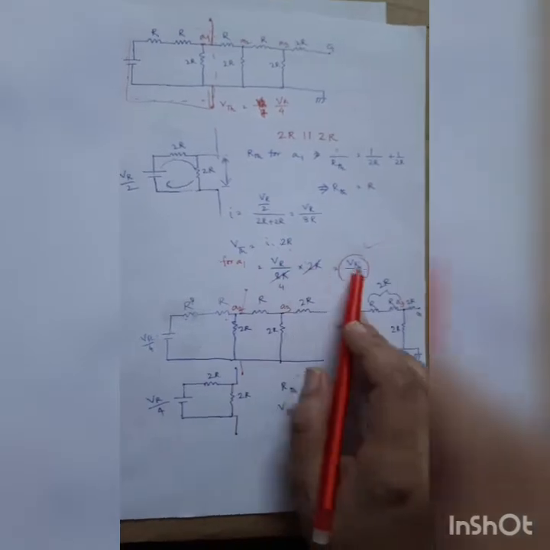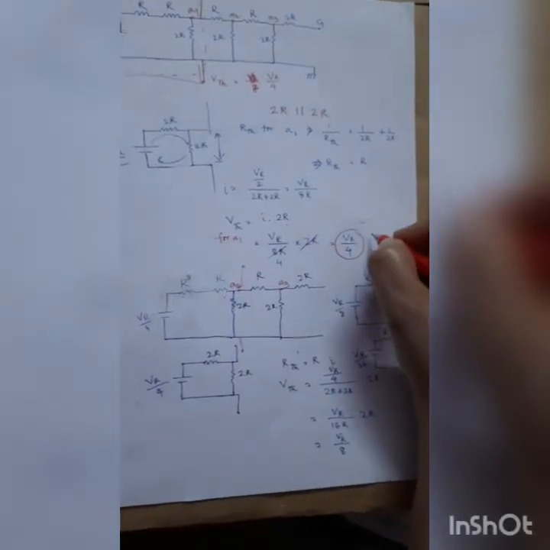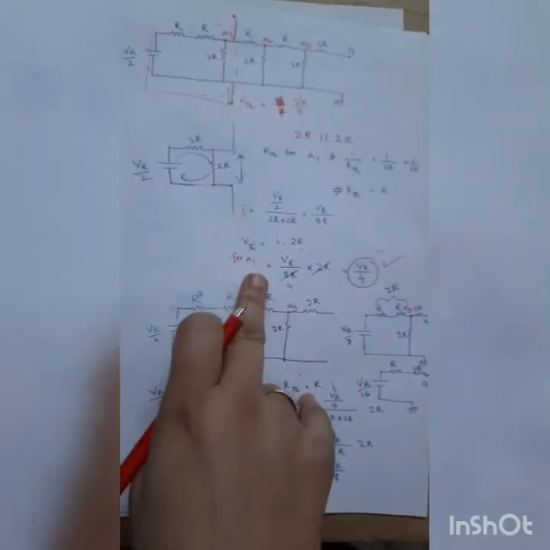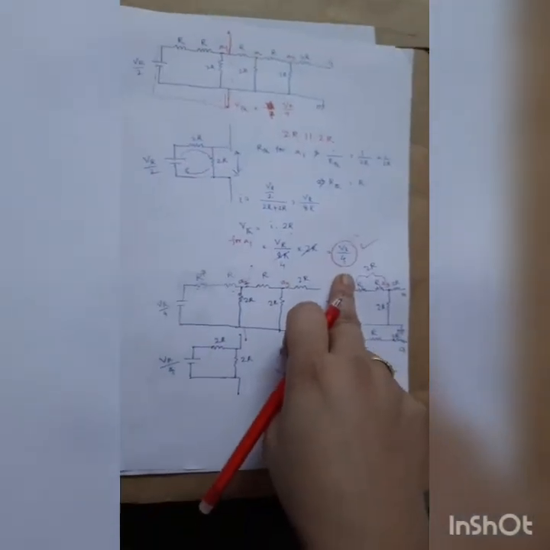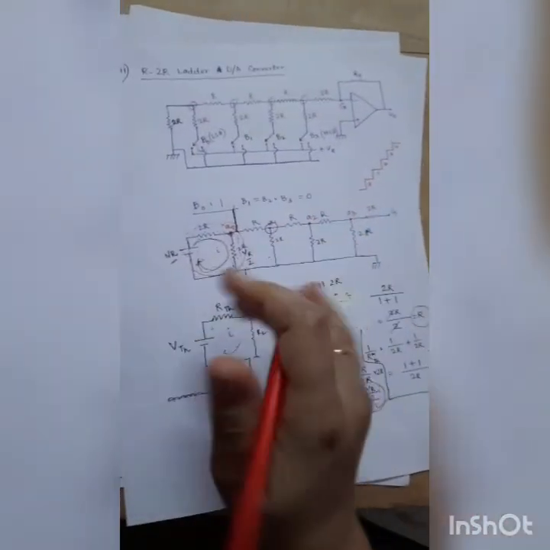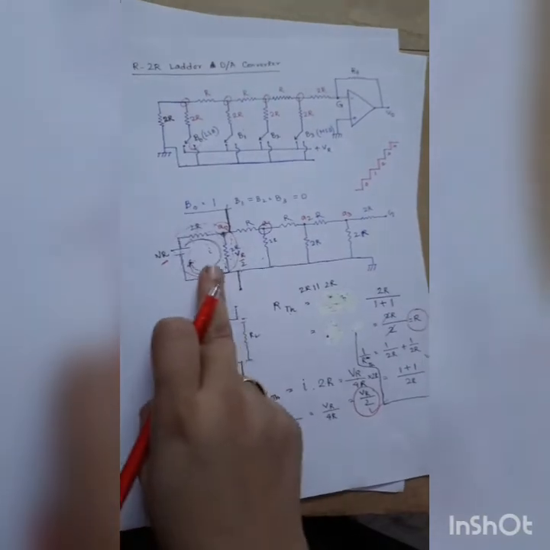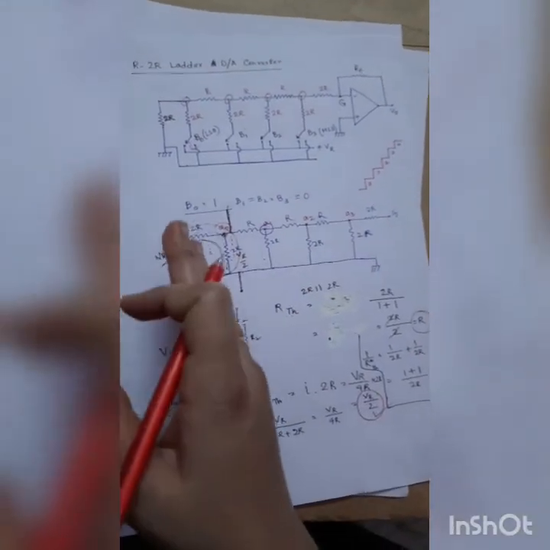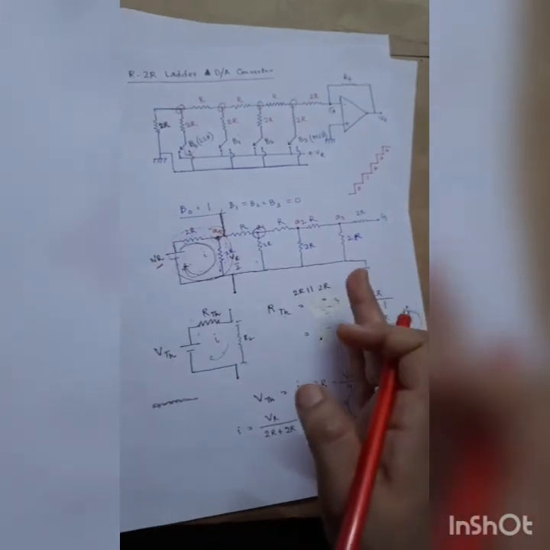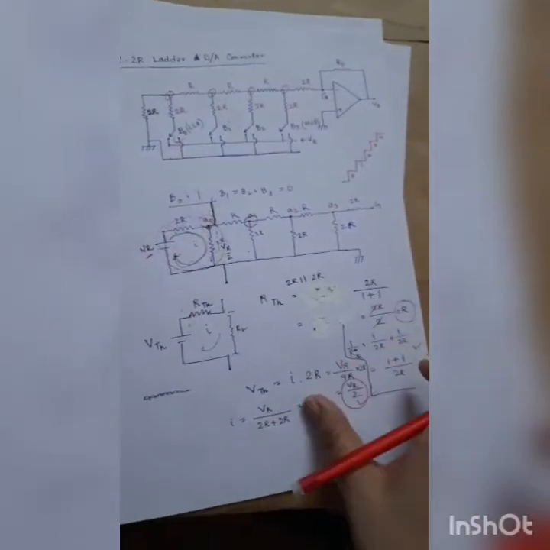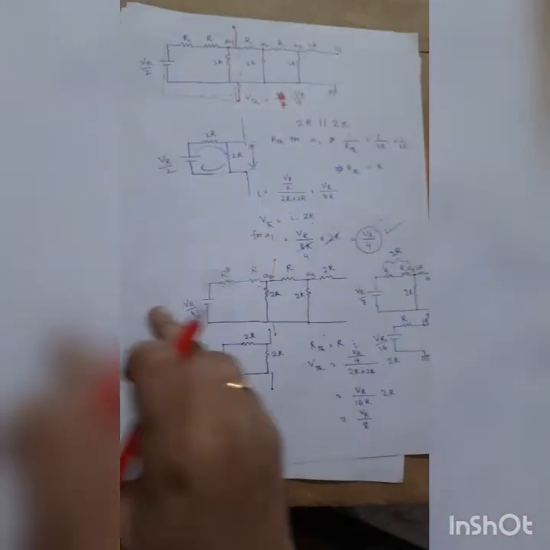Finally VR by 4. So VTH for the point A1 is VR by 4. We can see here that as we go closer to G, the voltage VR is divided by 2, 4 and so on, right?